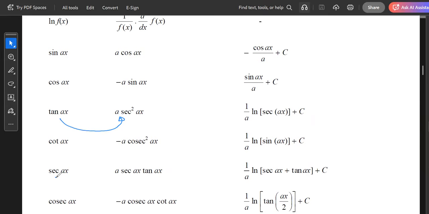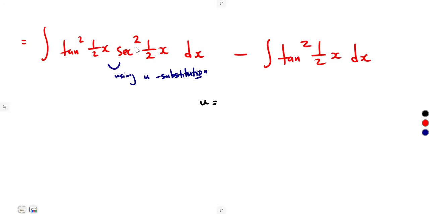But if you differentiate a sec, it's going to give us sec tan. There's going to be a sec and a tan. We are complicating here. But tan is giving us a sec squared, which we can cancel with the other sec squared we are given. Remember, the condition is supposed to cancel with another one. So if we choose our u to be tan, that is the best way.